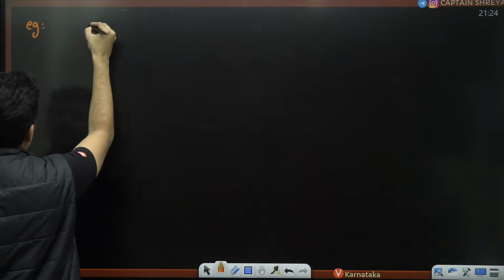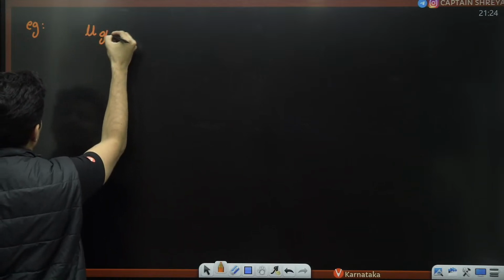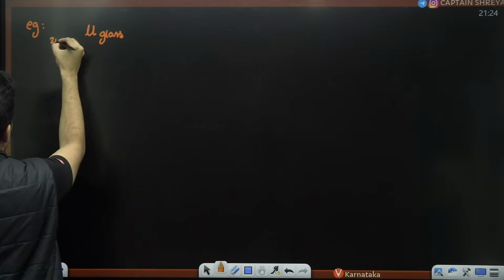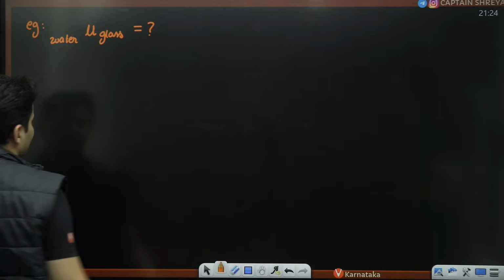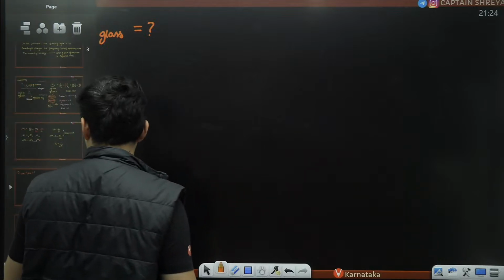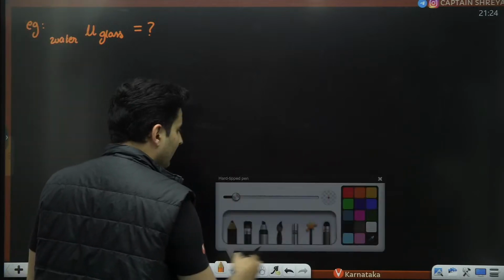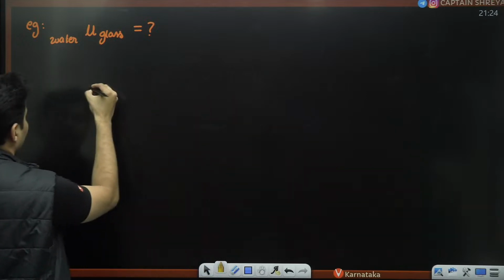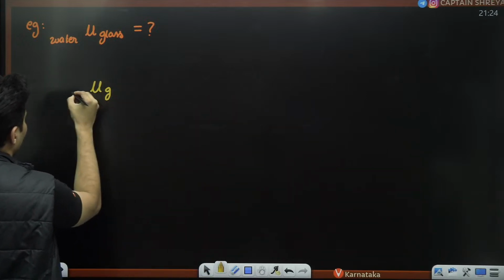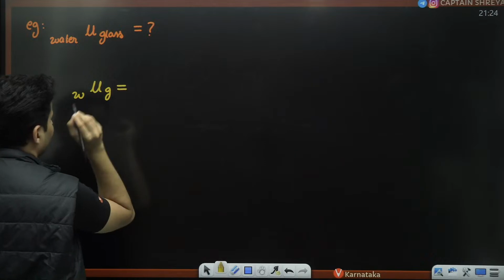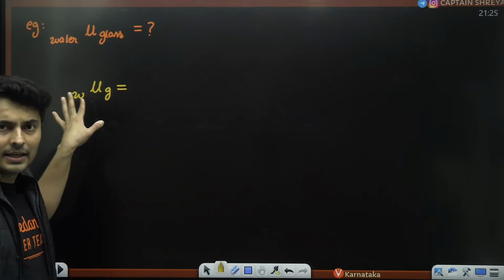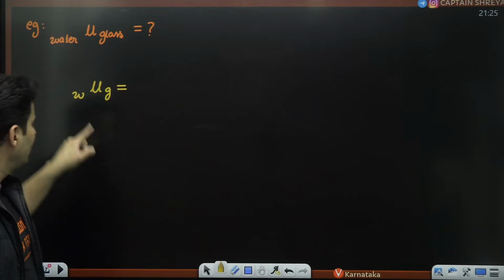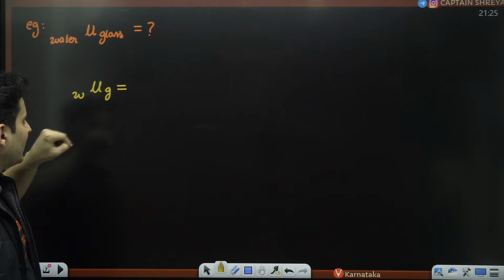Say the question is: refractive index of glass with respect to water. How do you solve this particular question? Technically, I don't know this answer directly, but indirectly maybe I can. This is the first alphabet, this is the second alphabet.